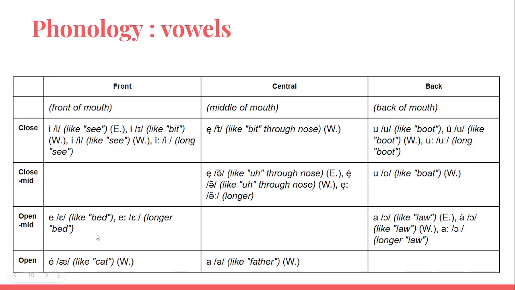I mean, you can see here that the Western dialect has a sound, and then the Eastern dialect, well, I don't know if this is Eastern, this might be both, because only some of these are specific. They have one only in the Western, and then you have all these other sounds, like ones only in the Eastern, and I'm not sure if there's a difference between these or not.